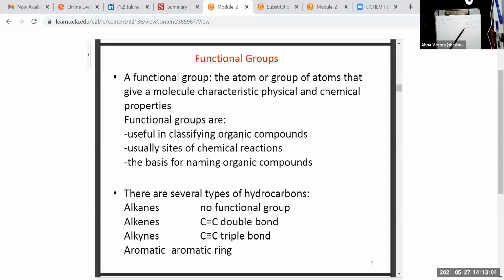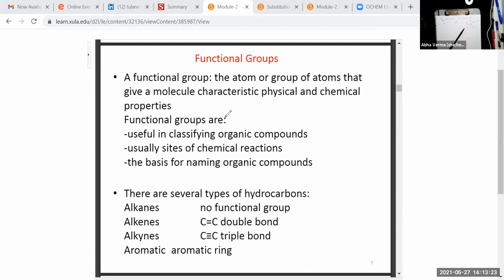So functional groups are useful for classifying organic compounds also. And so you will know what the reactivity is. Functional groups will help you know the chemical reactions. And they also form the basis for naming organic compounds.